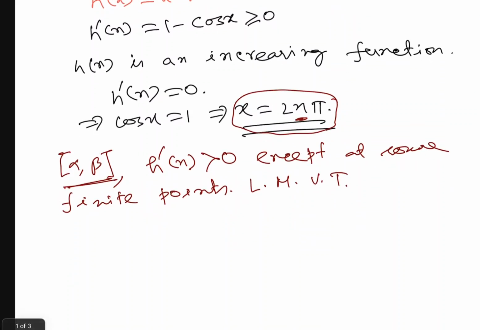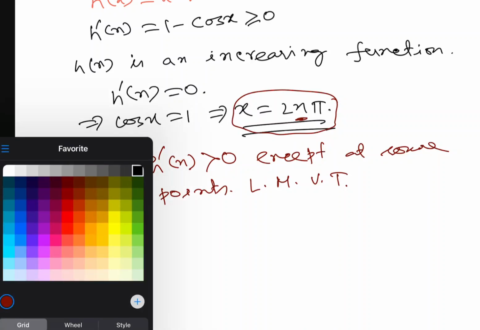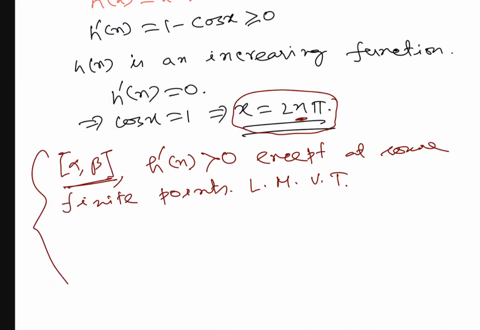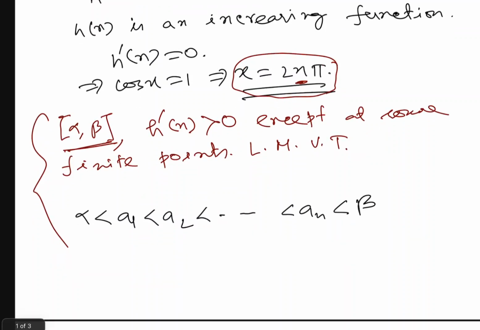This is a very important part of this proof. Actually, we are going into a very deep analysis, so students, you have to look at this part very carefully. Just for simplicity of this proof, in this interval consider some points a1, a2, and so on up to an, where this function h(x) has derivative 0, otherwise it is strictly positive.